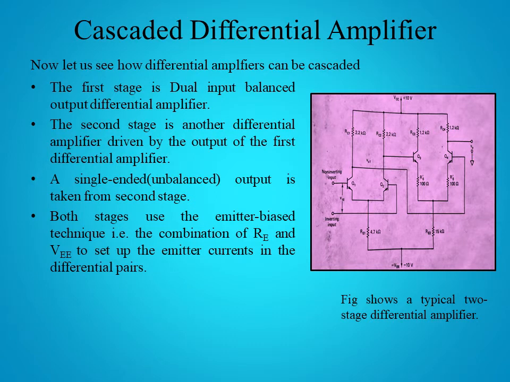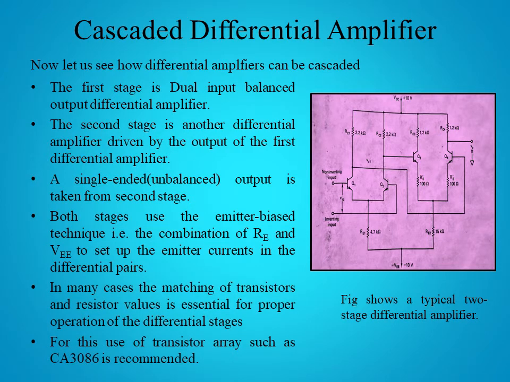Both stages use the emitter bias technique, that is, a combination of RE and VEE to set up the emitter current in the differential pairs. Here again you can see RE is given. It is similar to the first basic diagram of the differential amplifier that we had studied.